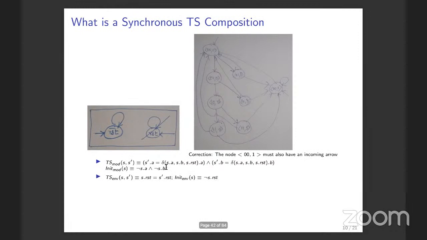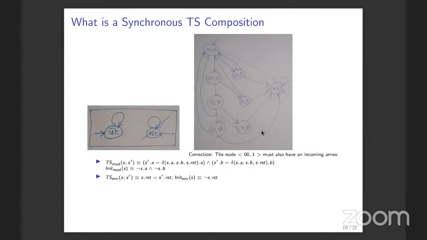So now the environment here is the one that controls reset. You notice that the transition system for the mod counter does not influence reset at all. It uses reset to determine the next values for A and B, but it never constrains reset.